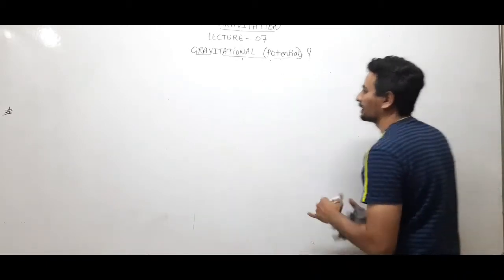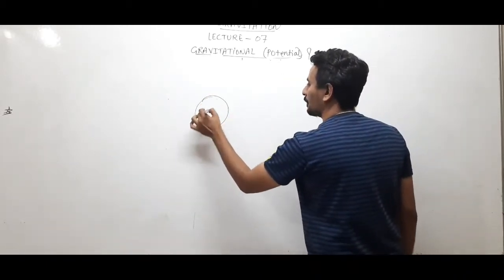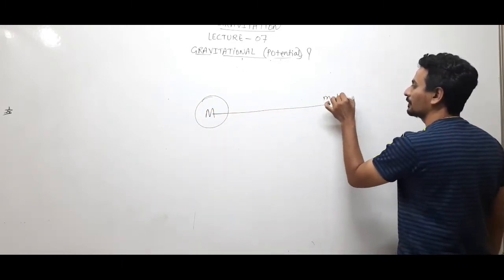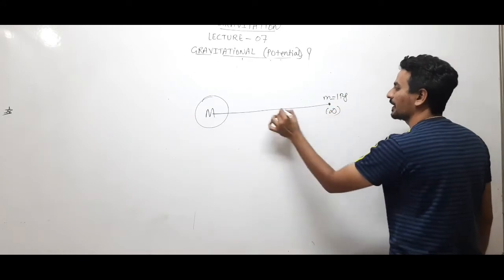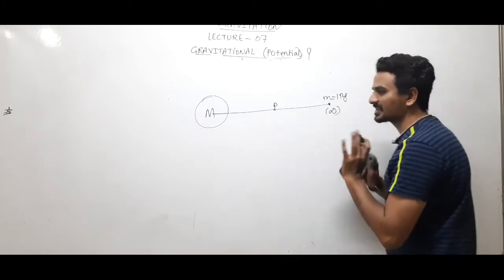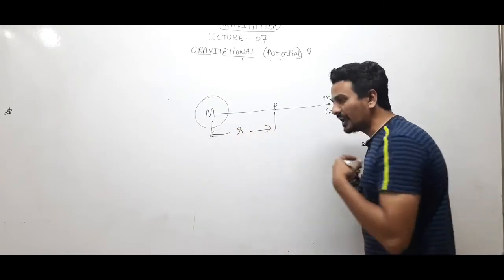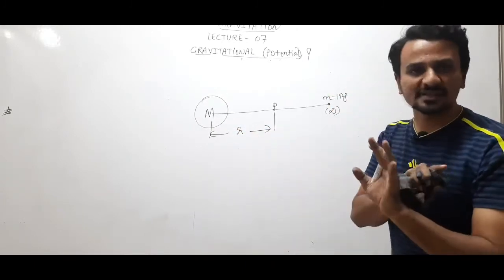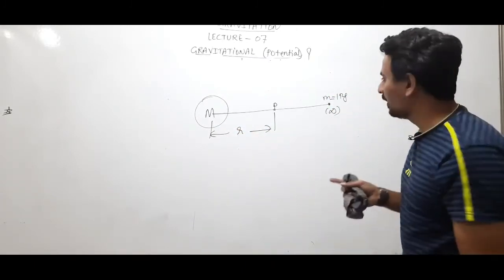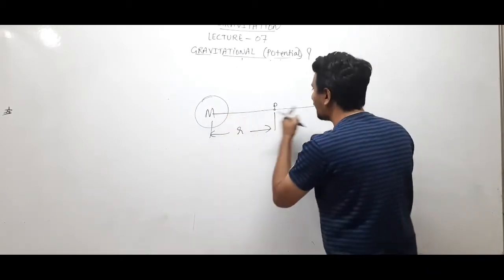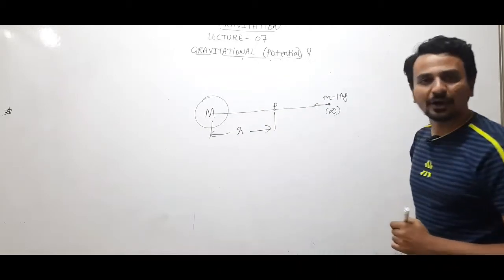See, this was mass m, the unit mass which was supposed to be brought from infinity to P, which is at a distance r. In this case the external force is not doing any work, right? It is the gravitational force which is bringing the body from infinity to point P.